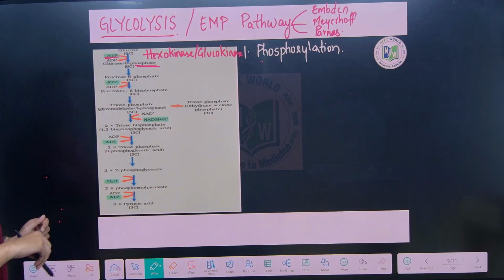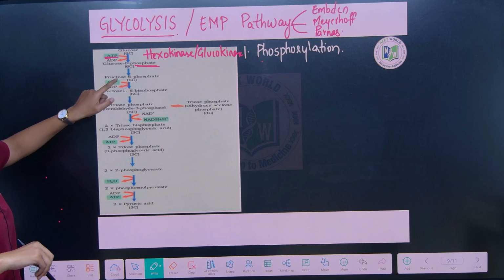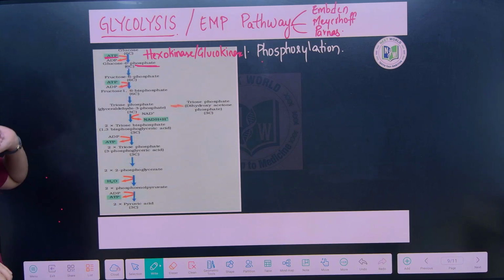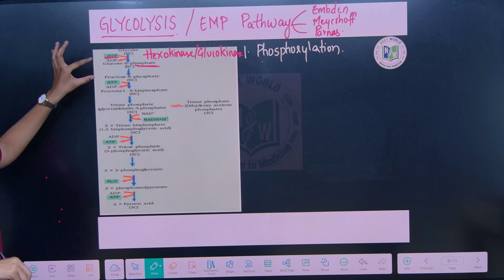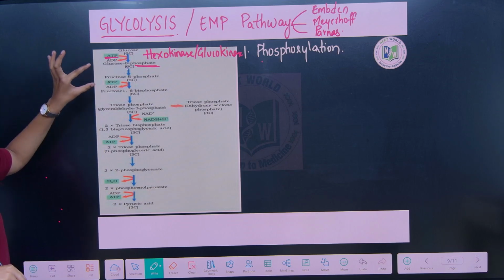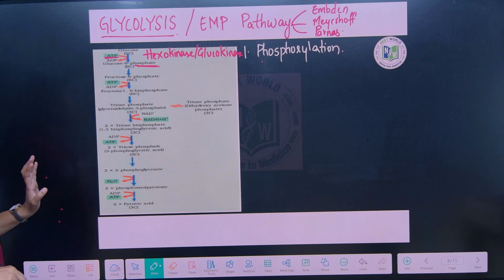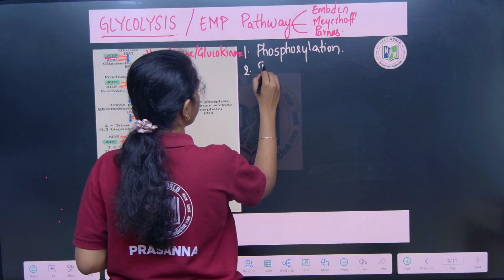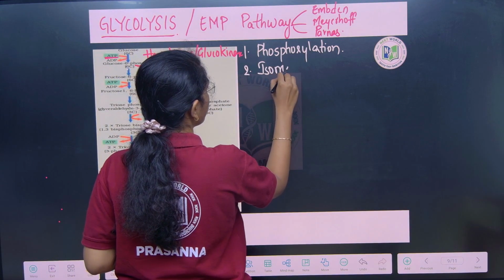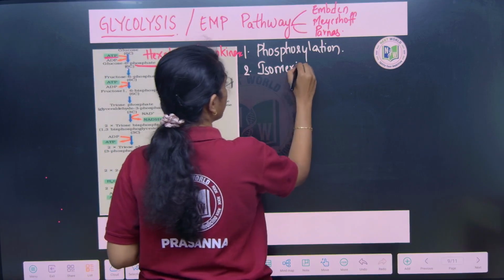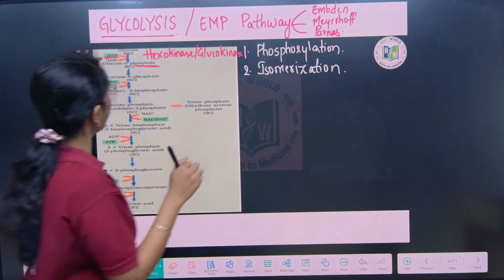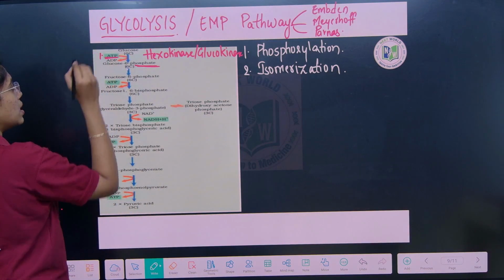The second step is isomerization, where glucose 6-phosphate is isomerized to fructose 6-phosphate. The number of carbons is the same, just the functional group varies. In the first step, one ATP molecule is required.